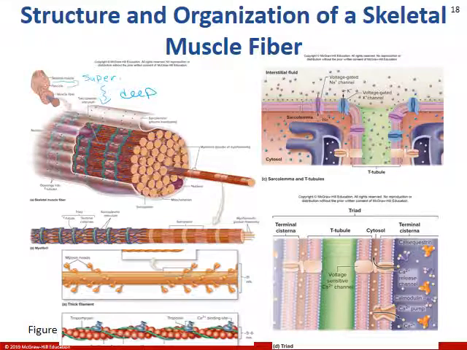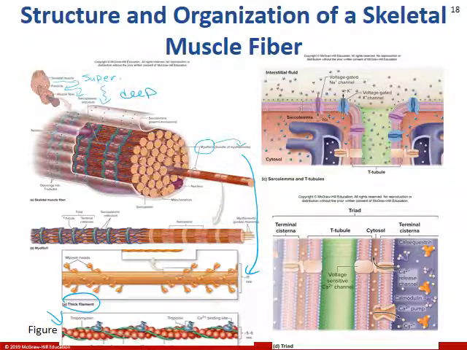Skeletal muscles are made up of bundles called fascicles. Fascicles are made up of bundles called muscle fiber cells. Muscle fiber cells are made up of myofibrils. Myofibrils are made up of myofilaments, specifically thick myofilament and thin myofilament.